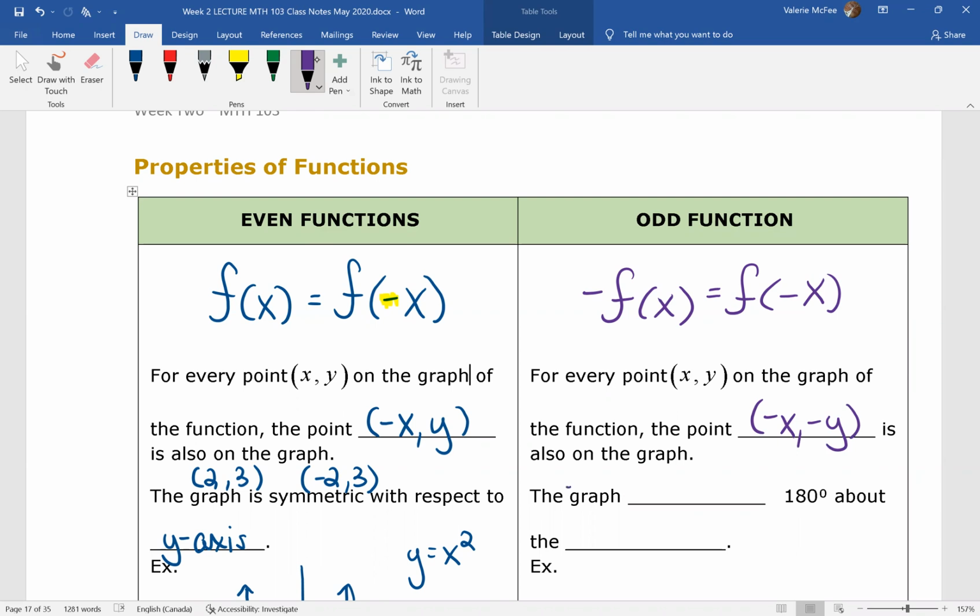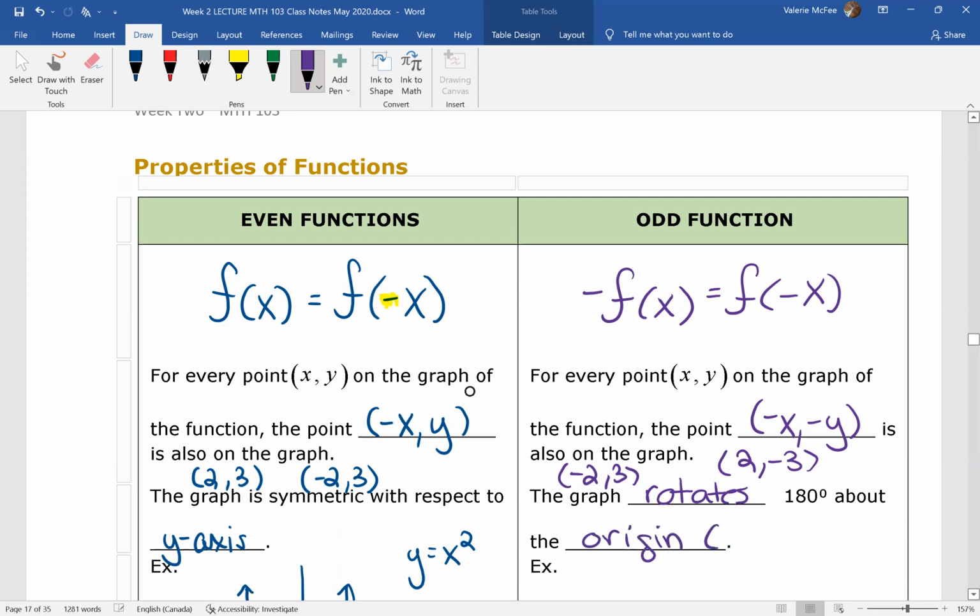So if we have the ordered pair negative 2, positive 3 on the graph, then I would have to have the opposite of x, the opposite of y also on the graph. This graph rotates 180 degrees about the origin. Remember, the origin is that point 0, 0.